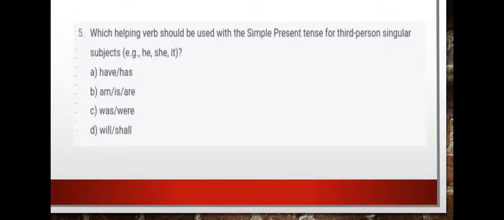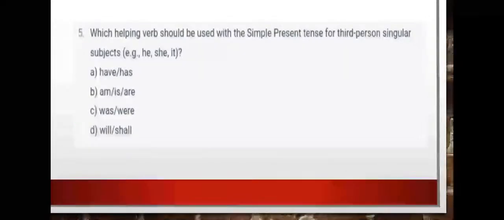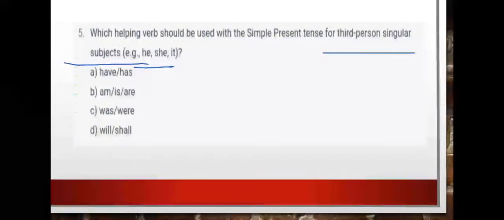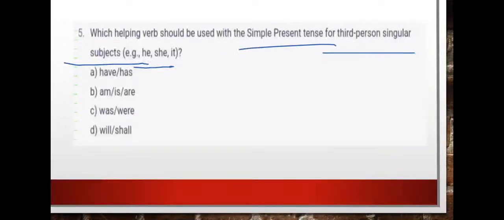Now, which helping verb should be used with the simple present tense for a third person singular subject, he, she, it? Which helping verb? Simple present tense helping verb for he, she, it. I told you.